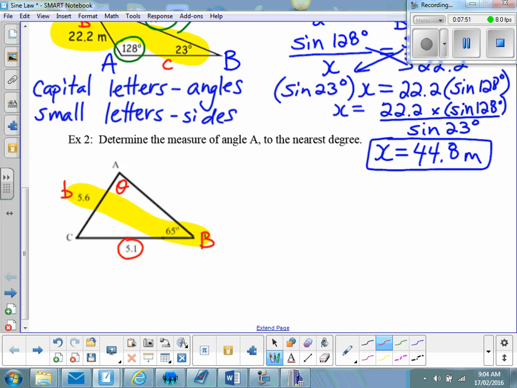And I know side A. So same as last time, I'm going to use A and B fractions. So sine A over A equals sine B over B.